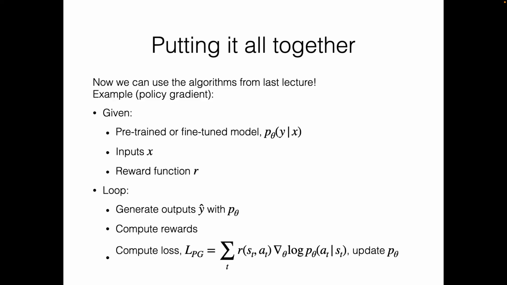Then we could go in this loop of doing rollouts. That means generating some outputs with the language model, computing the rewards, and then computing the loss. And then if you remember, with this loss, you could just do the back propagation and then update the model, and you go in a loop.